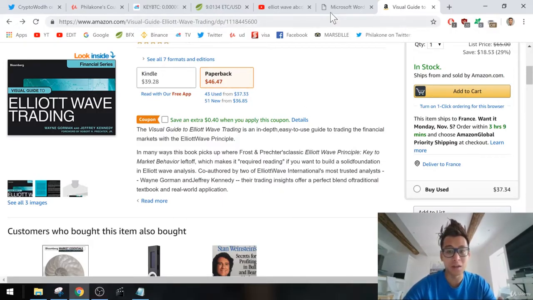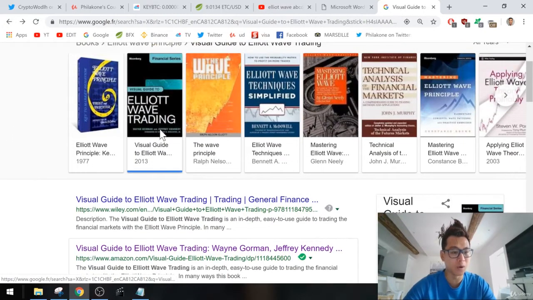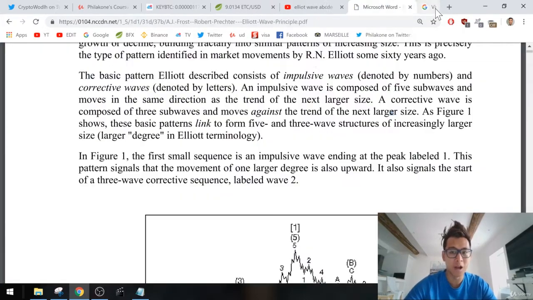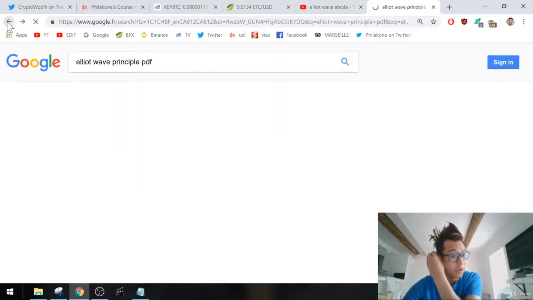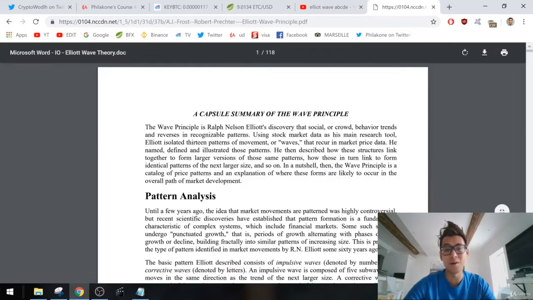I think these 2 books alone, the Elliott Wave Principle book and this one right here, absolutely pick it up, guys. Please, if you're considering any type of literature, pick it up. And another thing I also want to recommend is that for this one right here, the A.J. Frost and Robert Prechter book, there's basically a summarized version of it online if you guys would like one, okay?